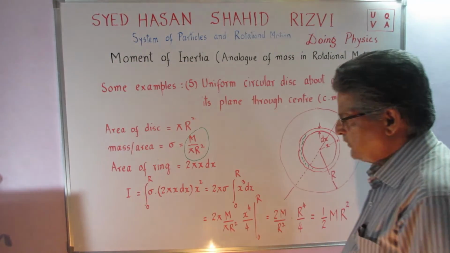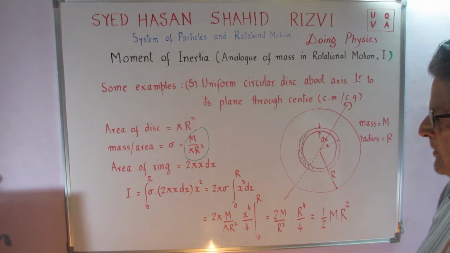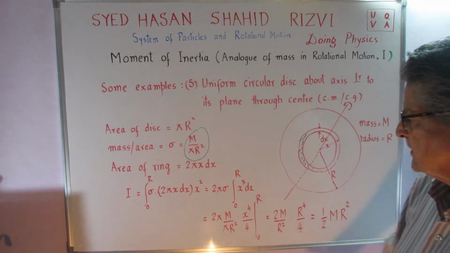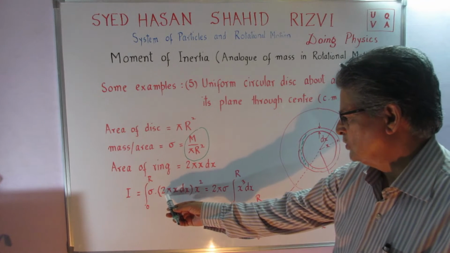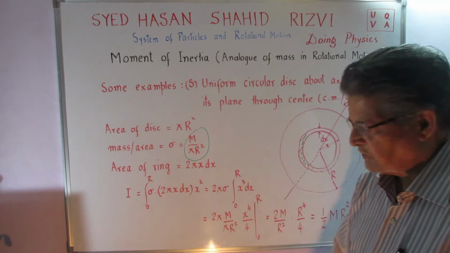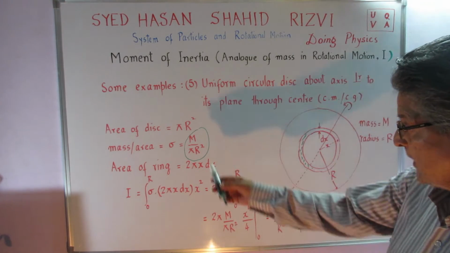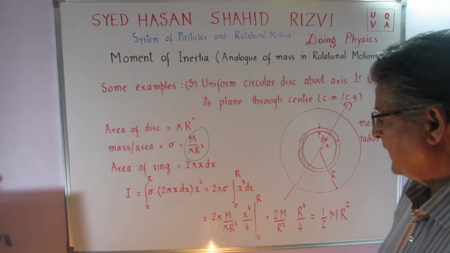So now for the moment of inertia calculation, I build up the case like this. The mass of the ring becomes equal to 2 pi x dx multiplied by sigma, the mass per unit area.